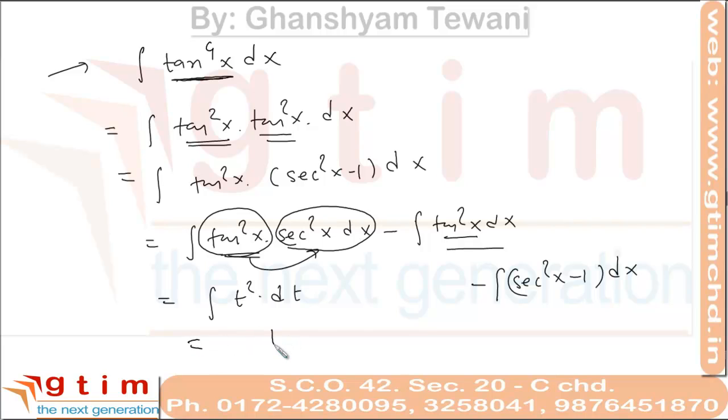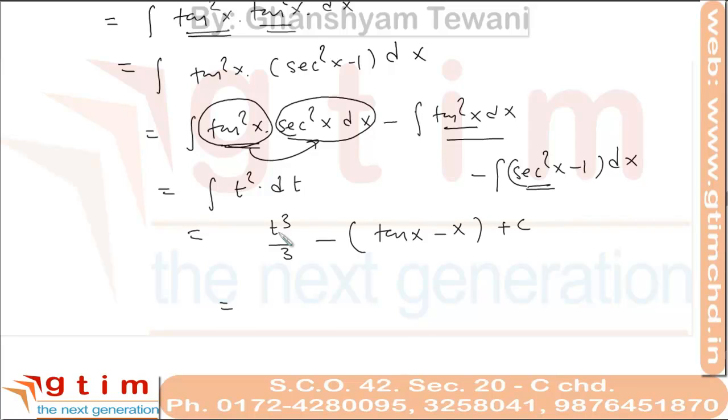Now this is t cube by 3 minus integration of secant square x, which is tan x, integration of 1 is x, plus c. Then you put the value of t, that is tan x, so this is tan cube x by 3 minus (tan x minus x) in the bracket plus c.